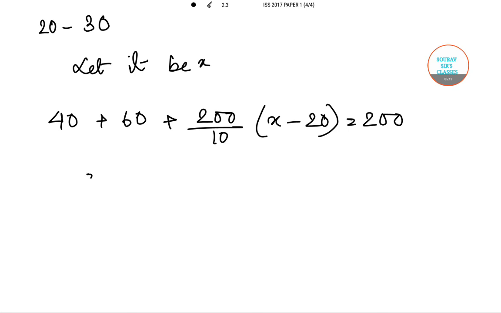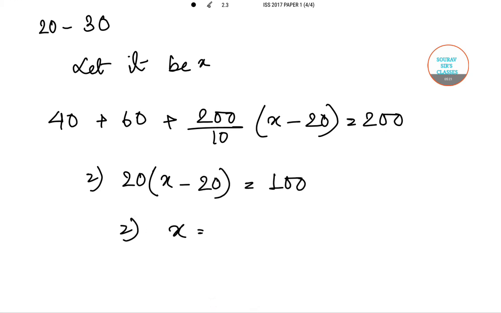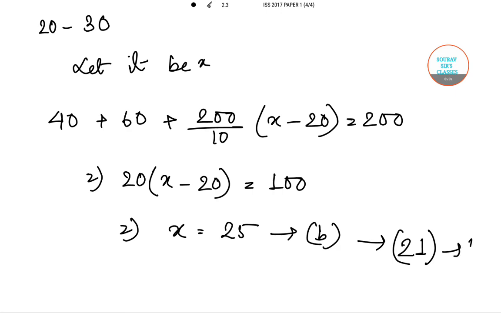This gives us 20 multiplied by x minus 20 is equal to 100. That gives x is equal to 25, which is option number B. So option number B for question number 21 is correct. 21 has option B as its correct answer.